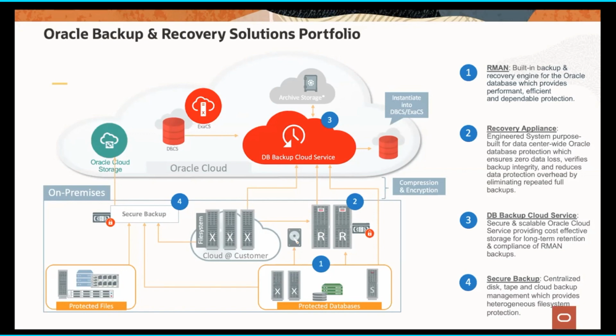Oracle Secure Backup can also back up file systems, whereas the other solution through RMAN can only back up the Oracle database. So Oracle Secure Backup can complement your solution, even in a Cloud@Customer environment where you want to back up not only the Oracle database, but maybe some other file systems or data that you have.